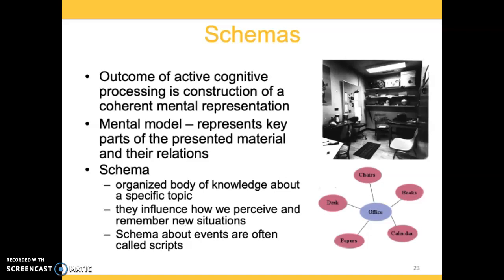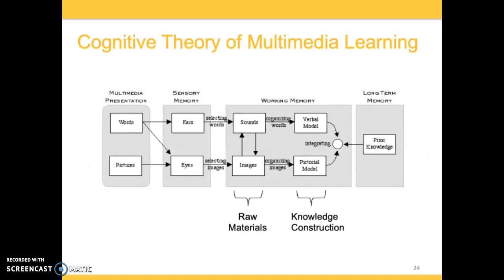So that is the schema that you have about an office. Similarly, for any topic, when you hear the topic name, you have schemas of those things in your head. So this is an advanced version of the model of learning and memory.